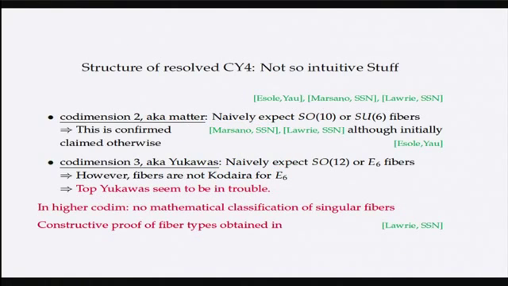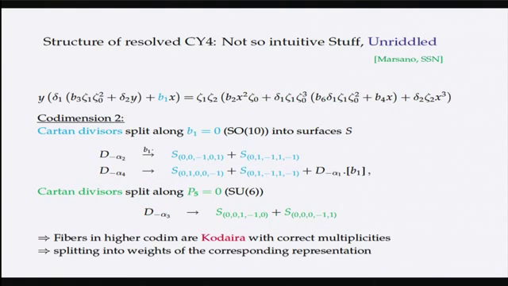So again, to answer all these questions about the higher codimension fibers, we need to look at what actually happens to these exceptional divisors that made up the A4 fiber as you go, for example, to B1 is equal to 0, or P is equal to 0, which are these two codimension 2 enhancement loci.